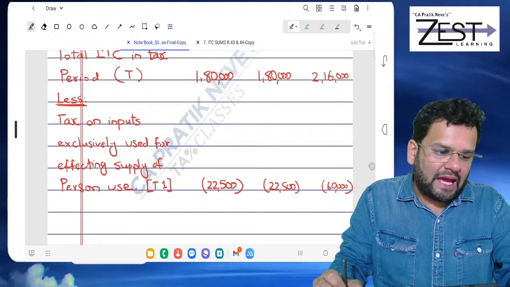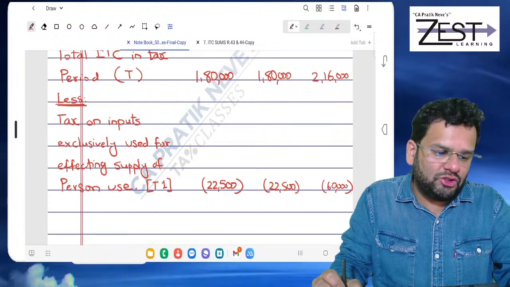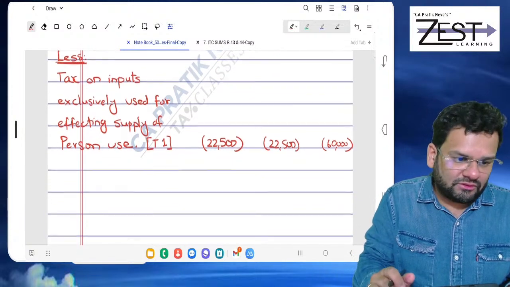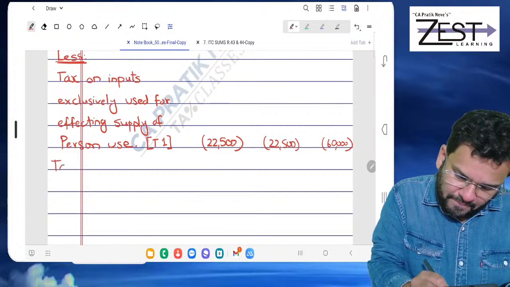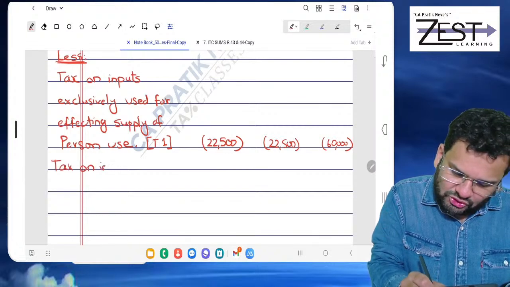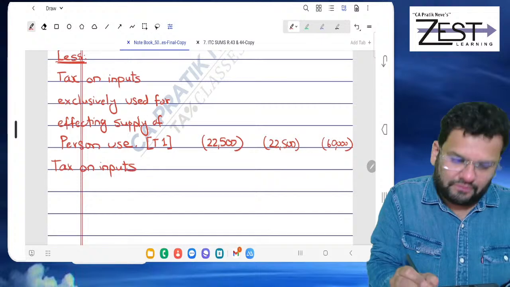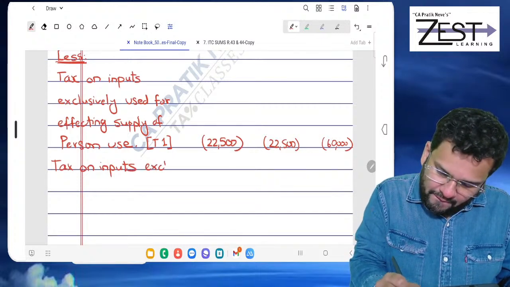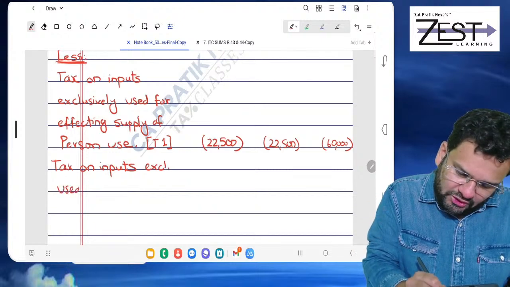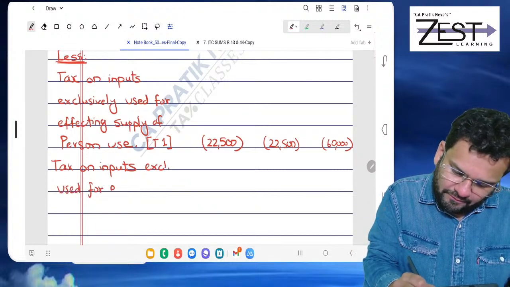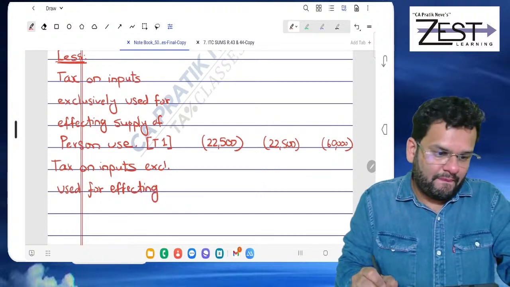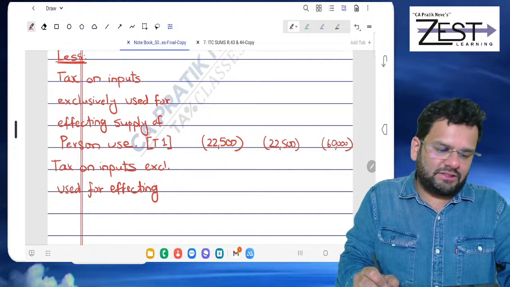Next, tax on inputs exclusively used for effecting exempt supply.